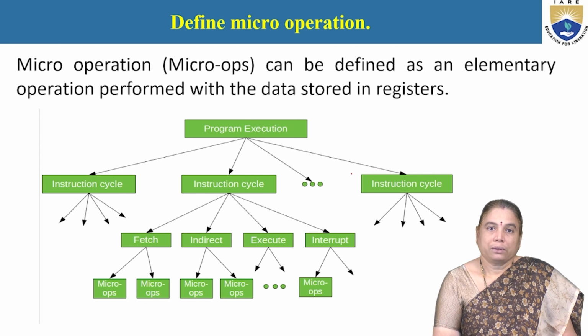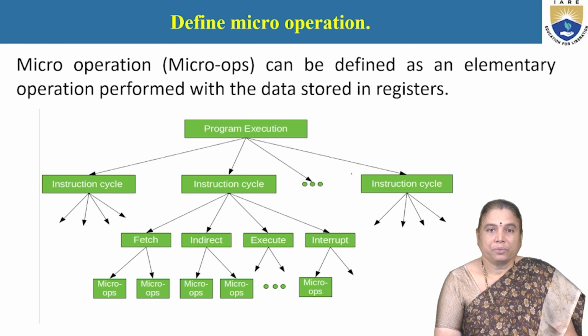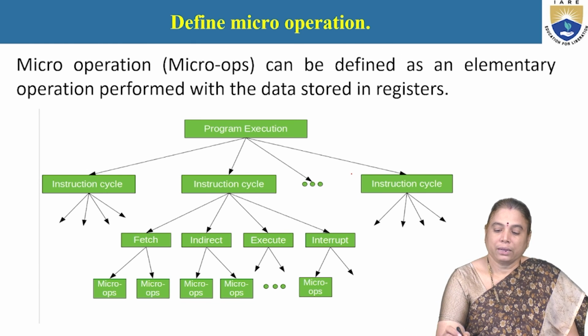The opcode specifies the micro operation, what actual operation is to be performed on the specified address or operands. So micro operations, micro ops in short, can be defined as elementary operations performed with the data stored in the registers.